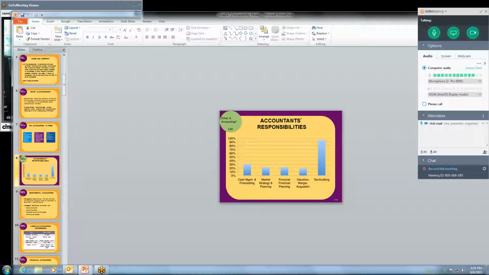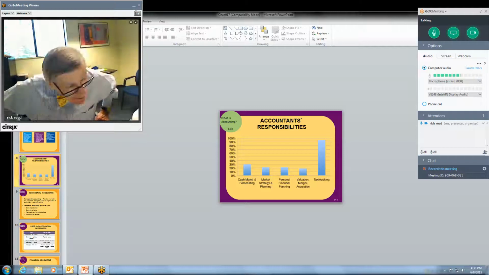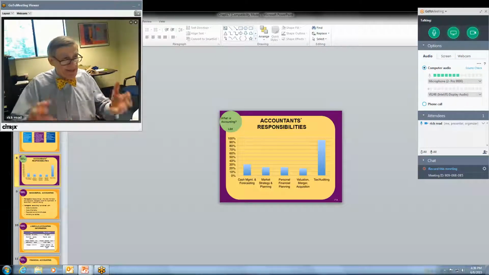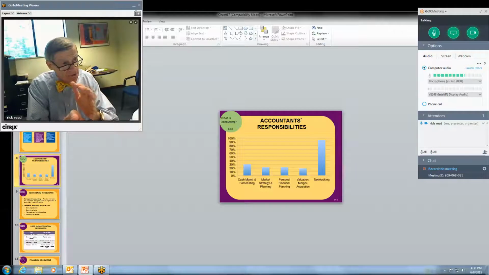This shows us what the accountant's responsibilities are. And we have some information here. A lot of these things are in a way self-explanatory, but they take on different meaning, etc. So notice one thing here on the left-hand side.